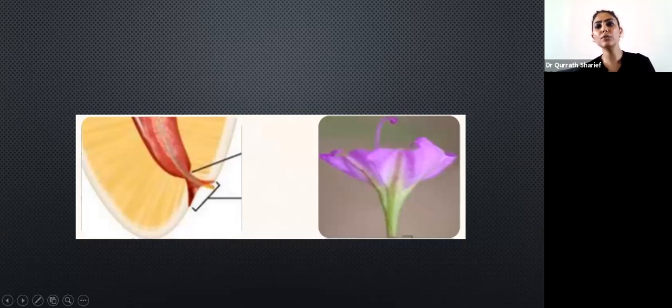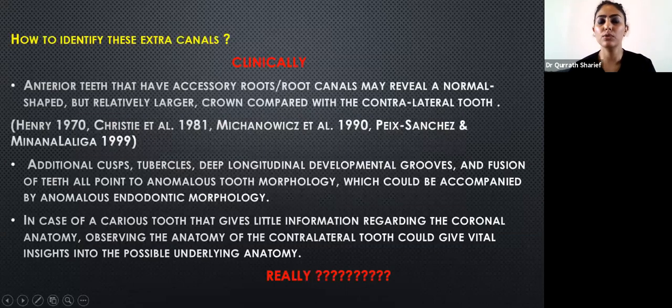Now coming to how to identify these canals. Clinically, when any patient comes to your clinic and you go ahead with the root canal procedure, the first thing to locate the canals is to see the dimension of the crown. Whenever you expect an extra canal or extra root, generally the dimension of your crown will be slightly bigger compared to normal.